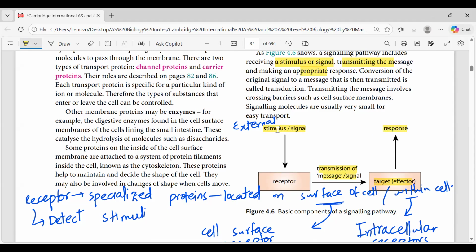Just like I told you, there is an emergency situation in front of you, maybe a fire. Your receptors will perceive the stimulus and transmit the message to the brain through the relay neurons. There are three types of neurons: sensory neurons, relay neurons, and motor neurons.